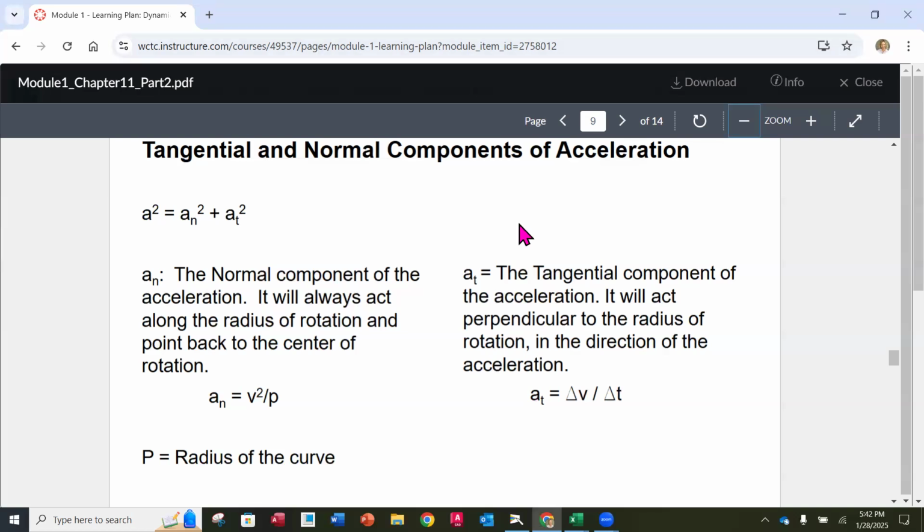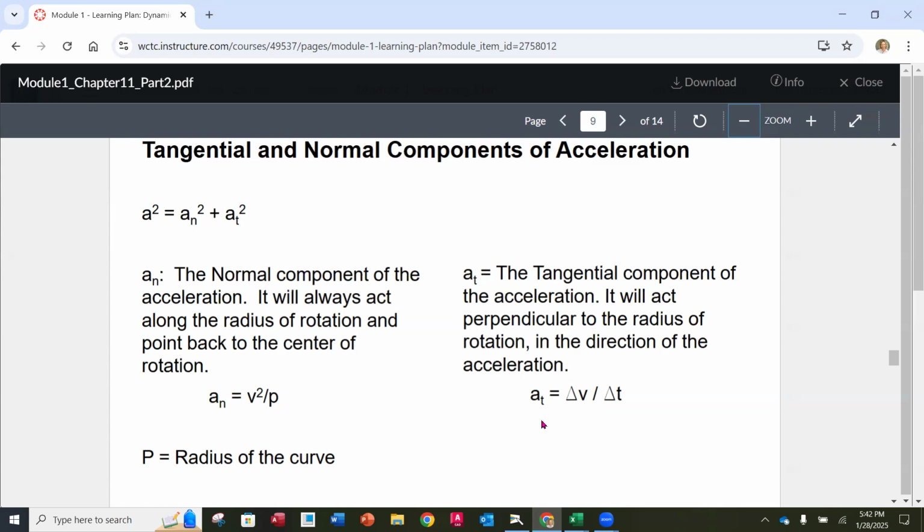I just put a p here when I typed it in. So rho is the radius of the curve, or the radius back to the center of rotation. When we have things like velocities on projectiles, there's not a set center of rotation, but there is a radius of that curve. And that's a variable that's either going to be given in a problem or we're going to want to solve for it.